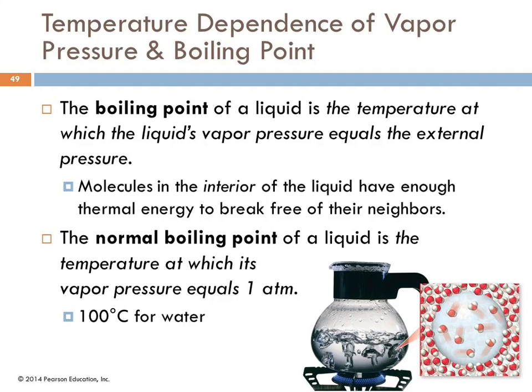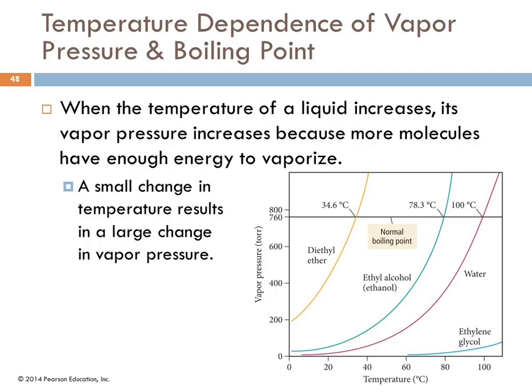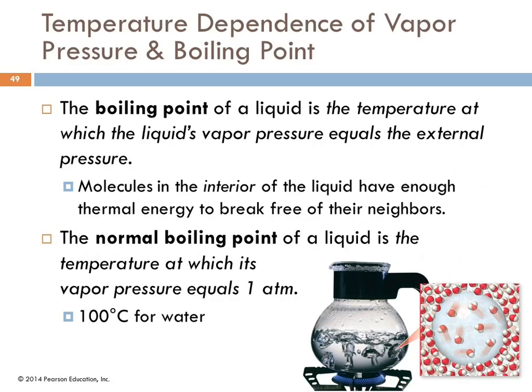The boiling point of a liquid is the temperature at which the vapor pressure of the liquid equals the atmospheric or external pressure. So if we go back to this graph right here, at 100 degrees Celsius, the vapor pressure of water is 760 millimeters of mercury, or 1 atmosphere. And we know that water boils at 100 degrees Celsius.